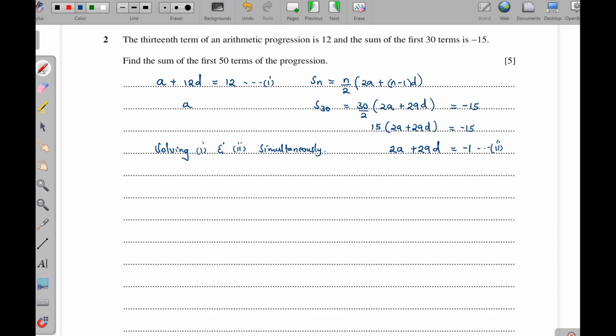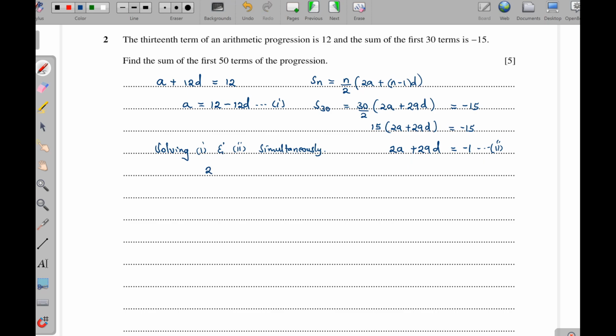So from here, actually a can be equal to 12 minus 12d, not so? Let me make this one my equation 1. You see? So when I do so, I can be in a position to substitute. Okay? So let me substitute equation 1 into equation 2.